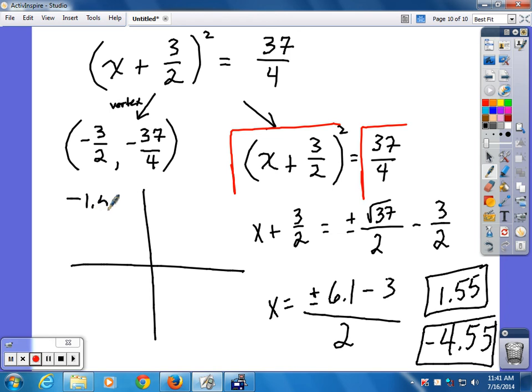Negative 1.5. If you would have thought you said no, well, we'll graph it. I'm going to change it to a decimal so I can graph it. 4 will go in there, what, 9 times, 9.25? So there's your vertex, negative 1.5 and negative 9.